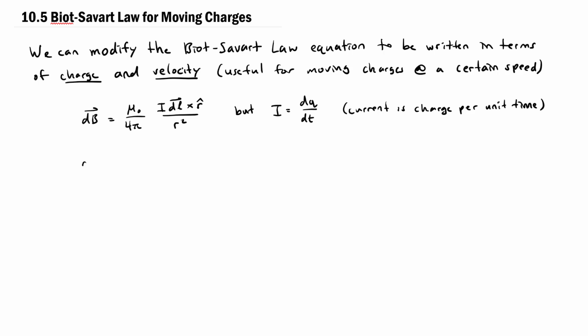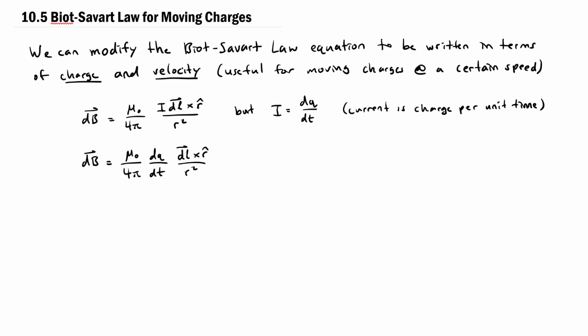So let's replace our I with this definition. It means we have dq over dt, then we have dl crossed with r over r squared.